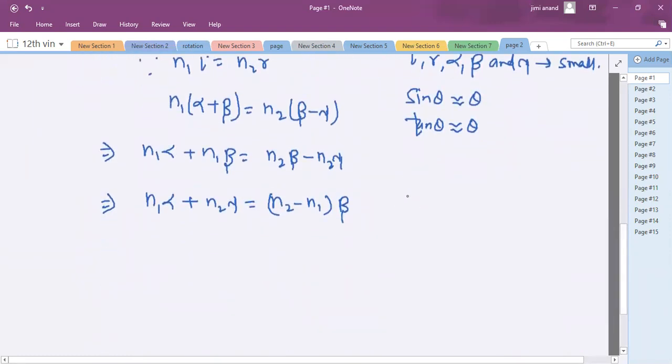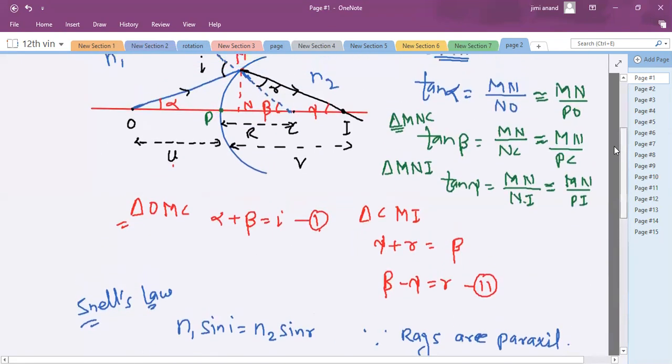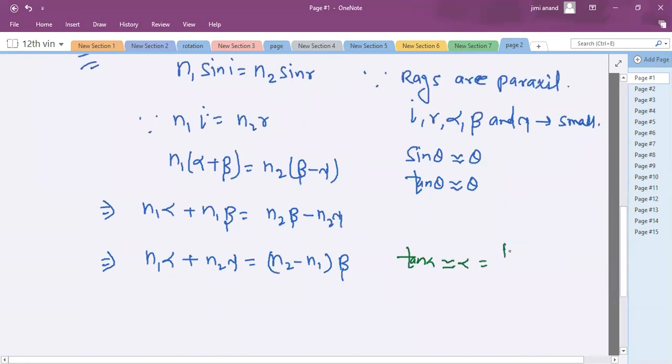What is tan alpha? If alpha is small, tan alpha is approximately alpha. Then alpha is equal to MN upon PO.